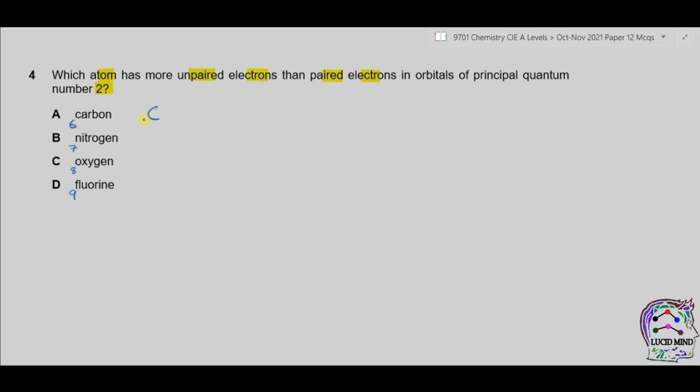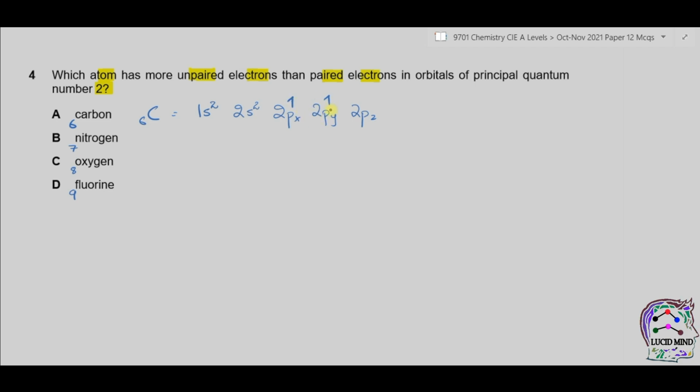Carbon 6. We can do 1s2, 2s2, and in 2p, we have 3 orbitals, 2px, 2py, 2pz. As 2 electrons are left, 1 will come in 2px, 1 will come in 2py.